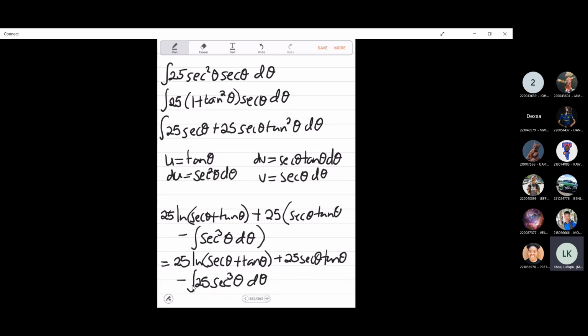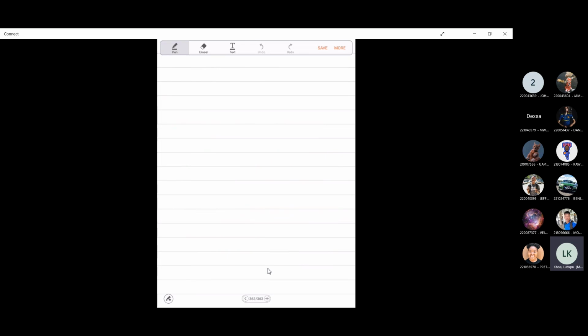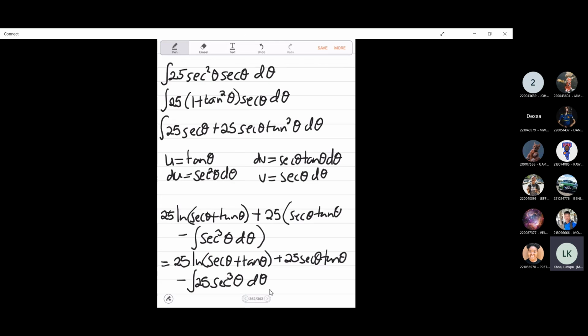So you can see that what I have here on the left hand side is the same as what I have here on the right hand side. So this one I have to take it to the other side, and then I will have 2 times the integral of 25 sec cubed theta d theta. This is equal to 25 ln of sec theta plus tan theta plus 25 sec theta tan theta.